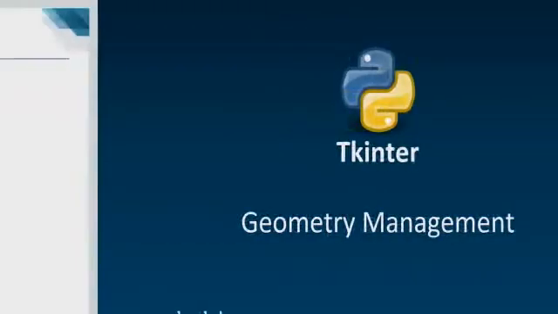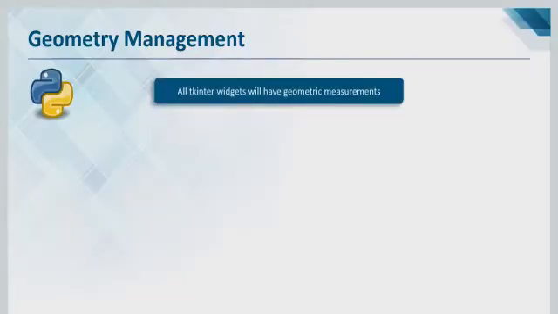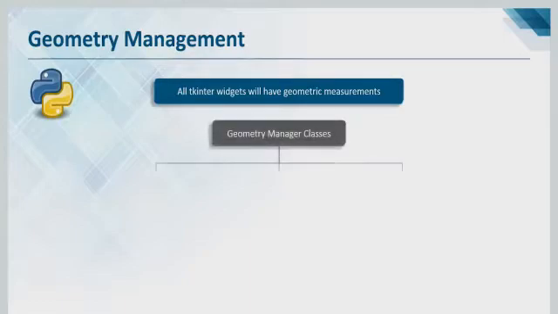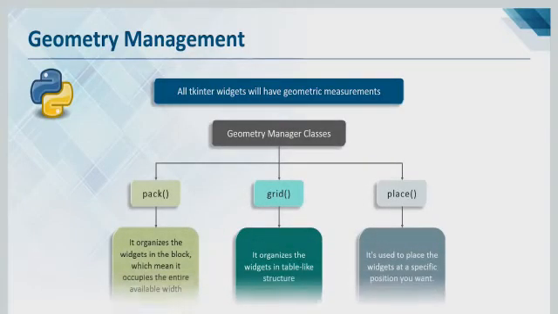Now let's learn about the geometrical management. Well, all the widgets in tkinter will have some geometrical measurement. These measurements will let you arrange the widgets, their parents, the frames and windows, etc. tkinter has 3 geometrical manager classes.